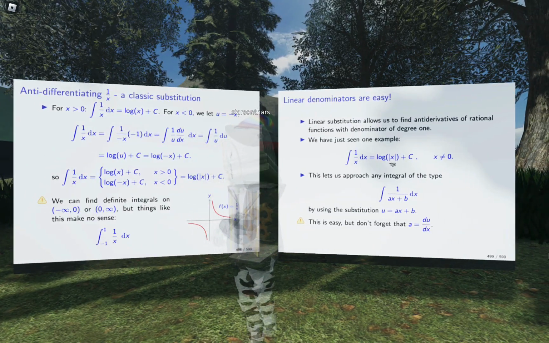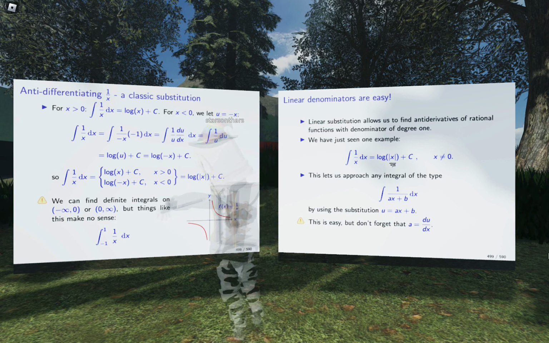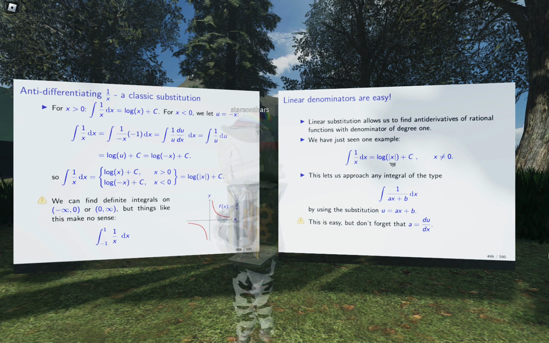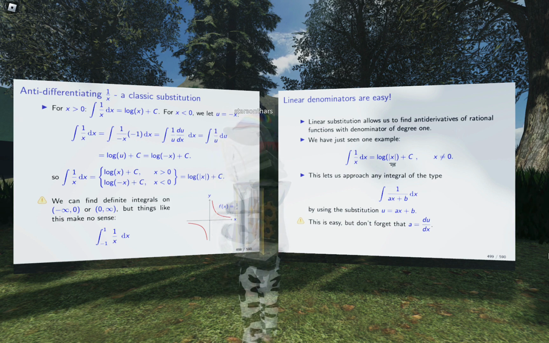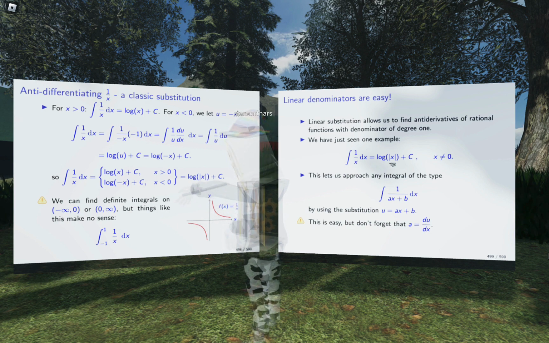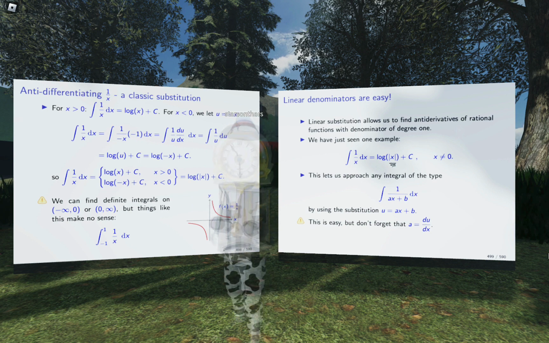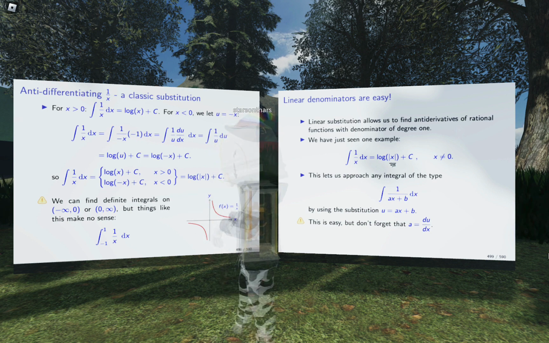Now the thing to keep in mind is that this kind of expression, so the integral from minus 1 to 1 of 1 over x dx, isn't allowed. Why? Well, because 1 on x is not defined at 0. You can't integrate a function over a domain that it's not defined on, at least not at this level. Okay.